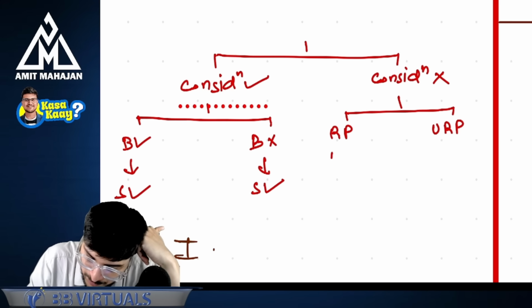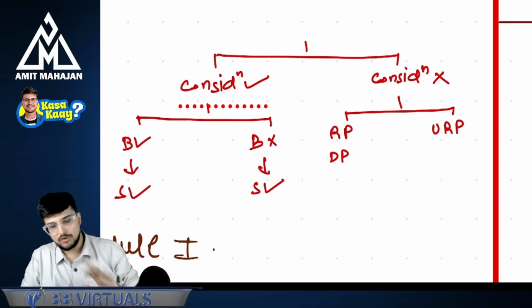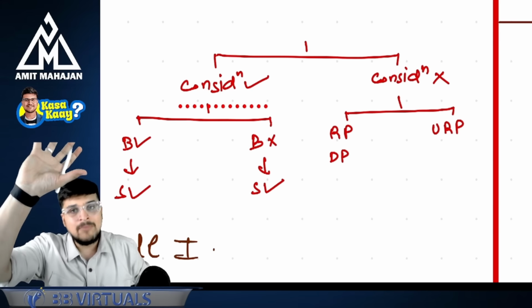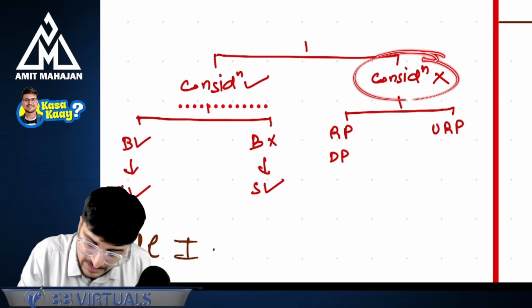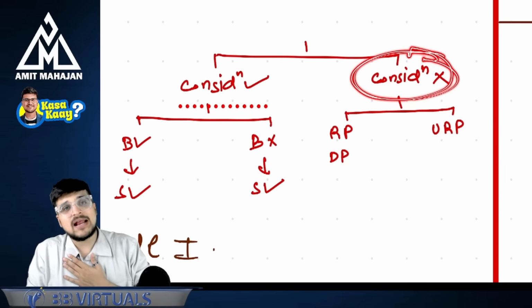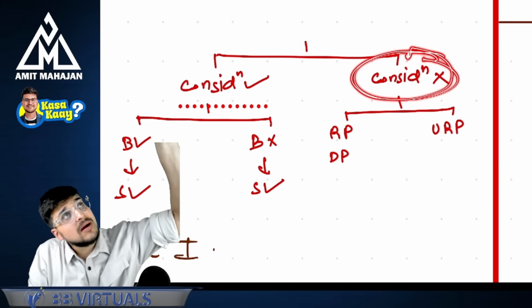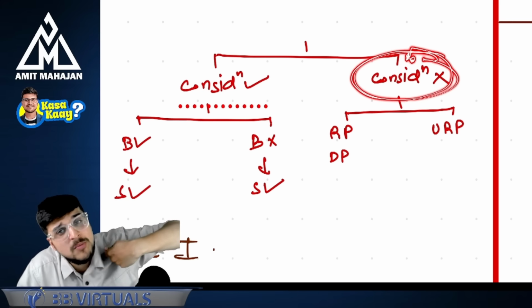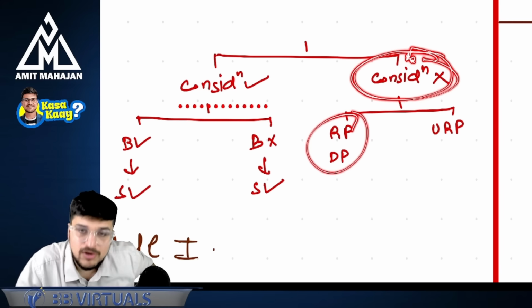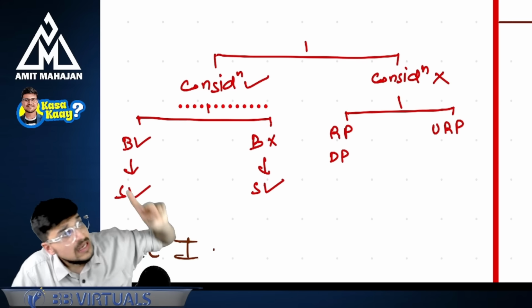Related party or distinct persons, I will tell you everything. Okay. I'm importing a certain service without consideration. Perfect. If that is without consideration, I will see whether I'm importing from a related party or not, which means, is that person related to me? If yes, then I will follow this. Is that person not related to me? Then it will fall under here.